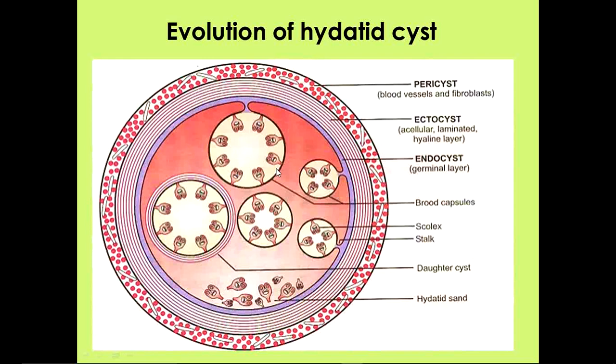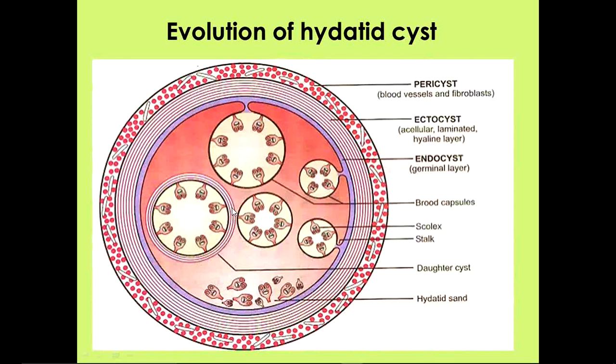Now, at times, the brood capsules can detach themselves from this inner germinal layer, and they can form independent cysts within the mother cyst, and this is called endogenous daughter cyst. Now the same cyst, if it is outside the mother cyst, and it detaches itself, becomes an exogenous daughter cyst.